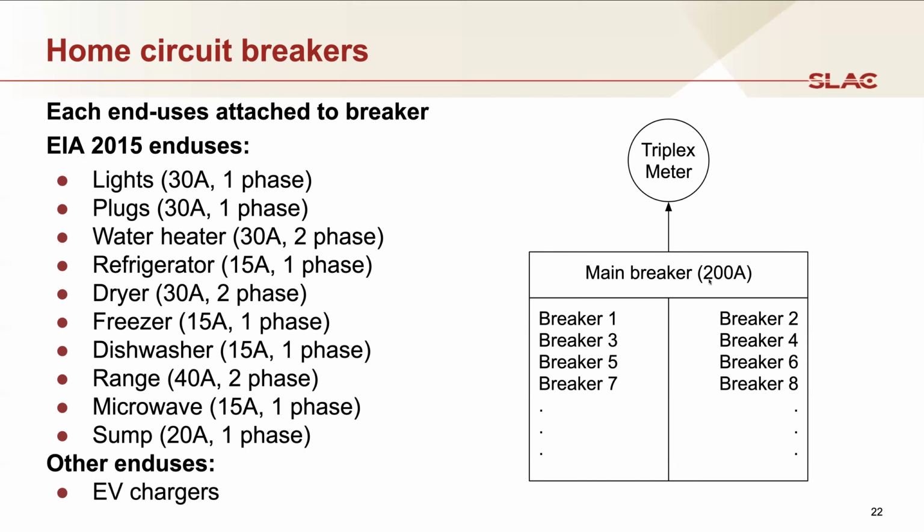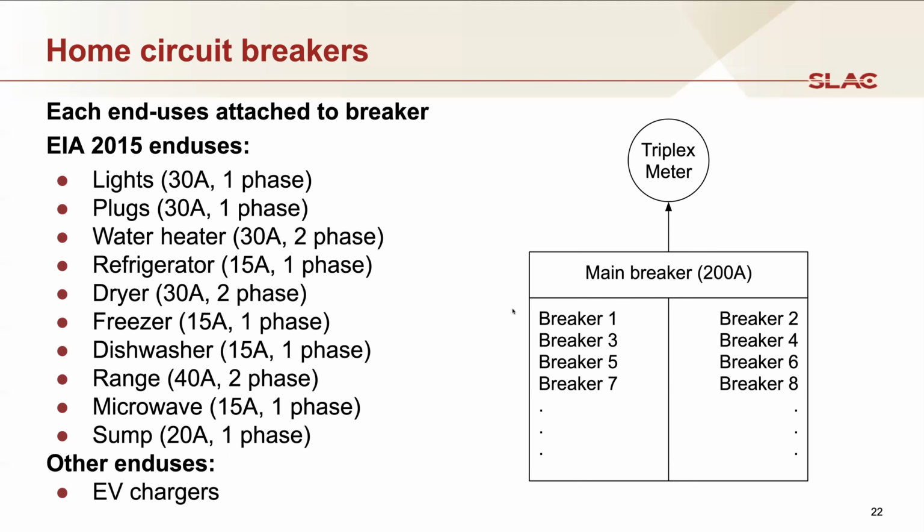So for example, if we have houses that have 100 amp service and really just supply things like lights, plugs, refrigerators, and small loads, and then all of the other loads like a dryer and the water heater and the range are all gas loads, then when we convert those gas loads to electric loads, that main breaker may not be sufficient, and we would start seeing main breaker trips in the model. And that kind of situation would be an indication that the breaker panels need to be upgraded.